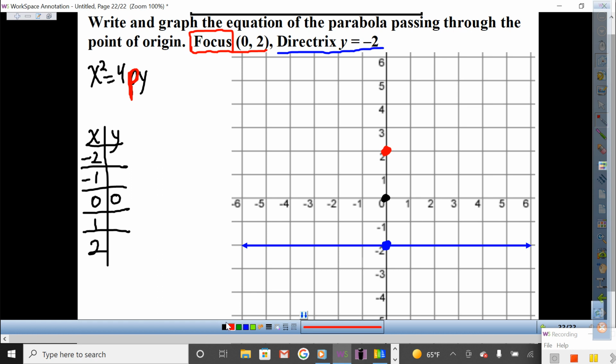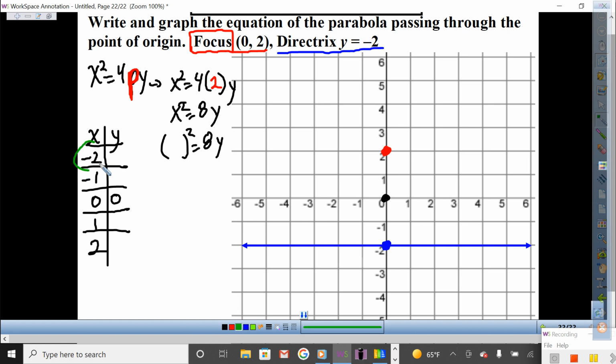So I'm going to write right next to this, x squared equals 4 times p times y. And what is p now? P is 2. So x squared equals 8y. And now I can substitute my values in there.